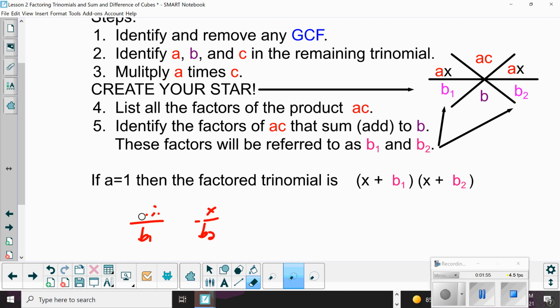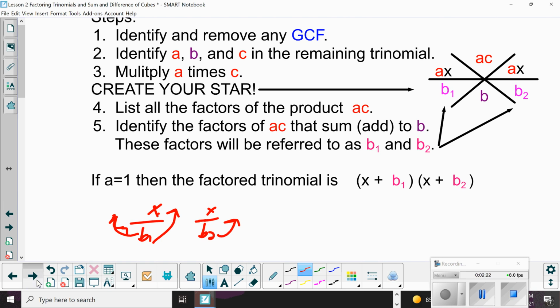So we still have our X here. Then what we do is just do what's called bottoms up. Now, like I said, when A is 1, these are much easier.